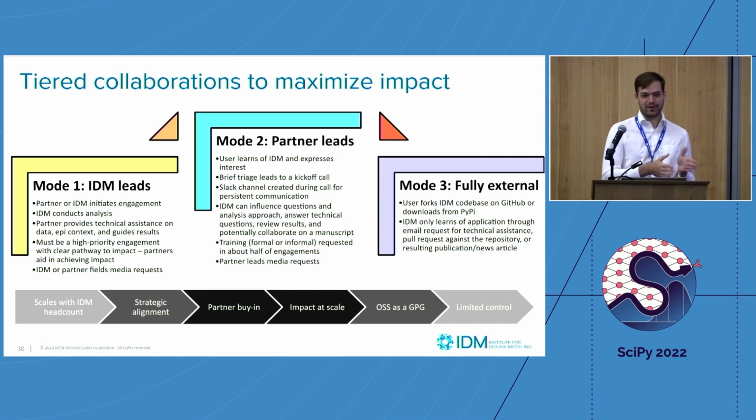Sometimes we do the work ourselves using Covasim. Our favorite mode is to use our partners, so we teach them, work with them, check their results. And then mode 3 is the classic one in the Python community, where you just put something on SciPy, let people download it and use it. And that doesn't work so well for disease modeling because the people with the disease expertise are usually not the ones who are downloading things from SciPy.